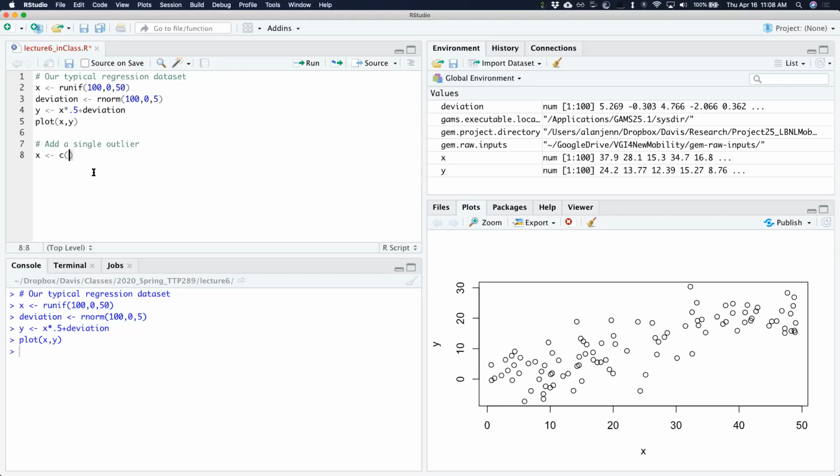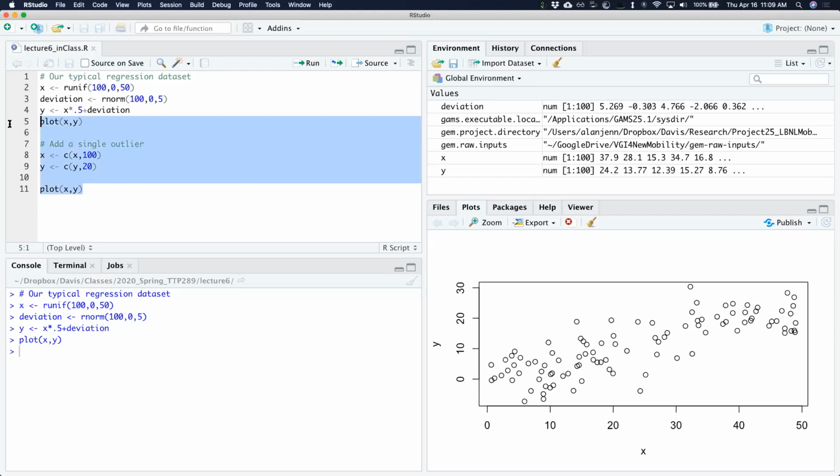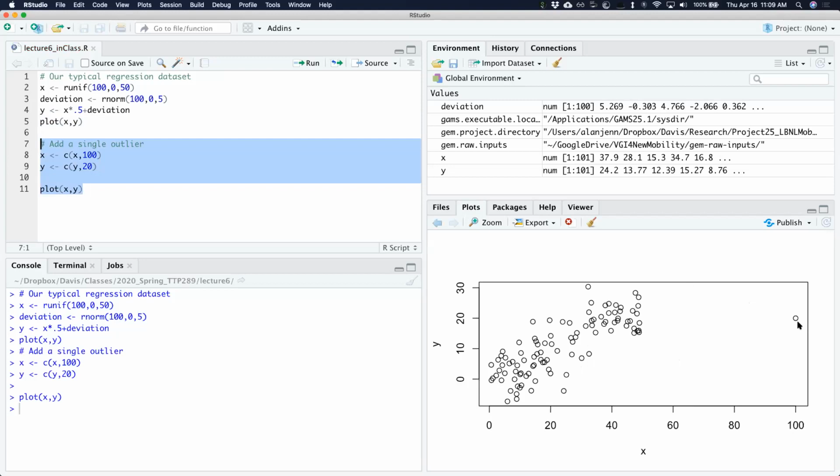So I'm going to redefine my x as x, but I'm also going to include a new x point at 100, and I'm going to redefine y as my previous vector of y, and I'm going to tag in another point at 20. Okay, and so if I plot this again, we should be able to see immediately in this plot the difference as I include the outlier. Okay, so we have this guy way out here at 120, at x equals 100 and y equals 20.